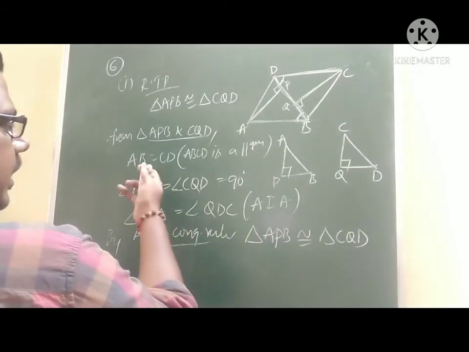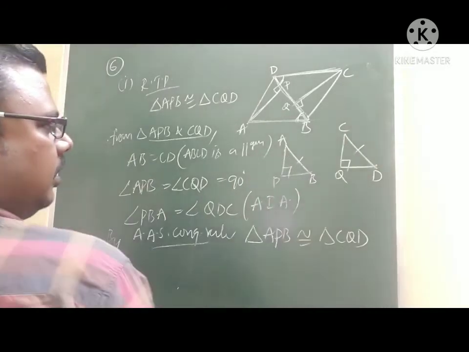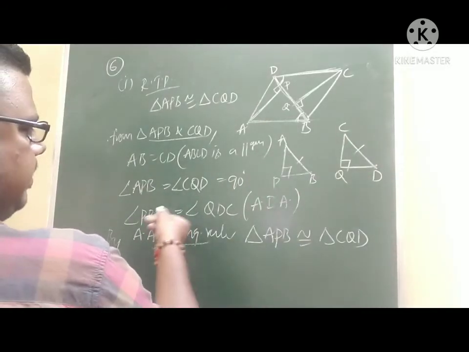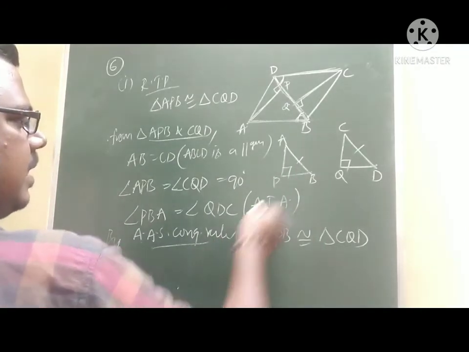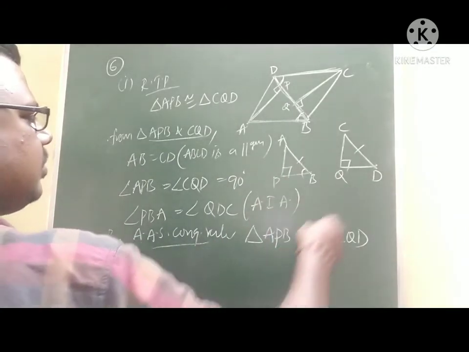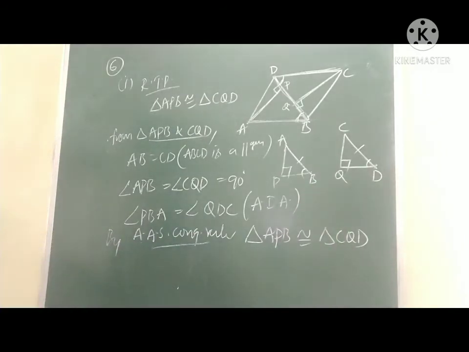So see, AB is equal to CD, right? Then angle APB is equal to CQD, then angle PBA is equal to QDC. So by the angle-angle-side congruency rule, these two triangles become congruent.